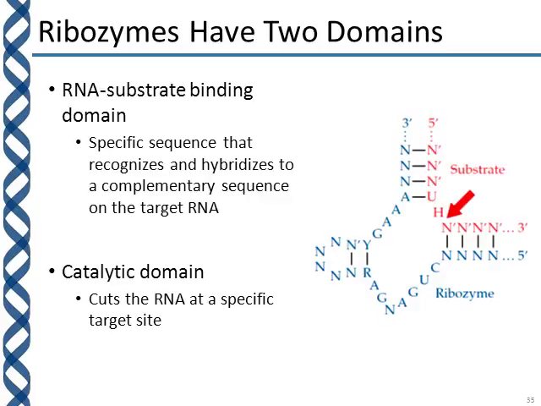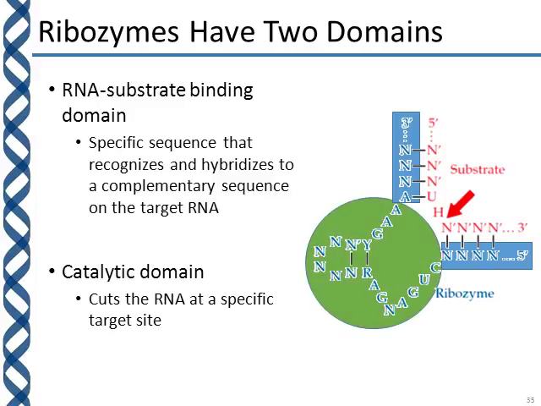For the catalytic domain, this domain actually cuts the RNA at the specific target site. Here, these are shown in this diagram. This is the substrate binding domain and the catalytic domain.